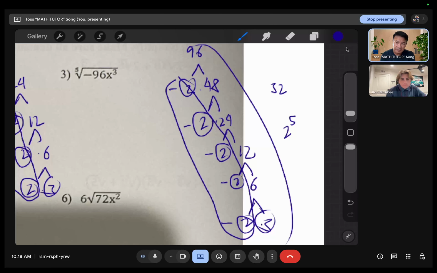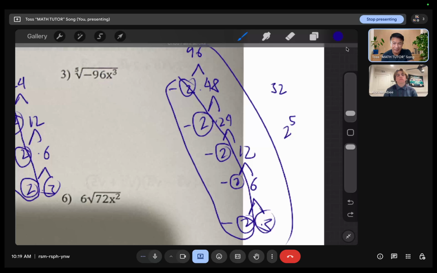Therefore, -2 times -2 times -2, 5 times, will give you -32. That means it will come out exactly that. As long as you can prove that it's actually a negative number back inside the root.